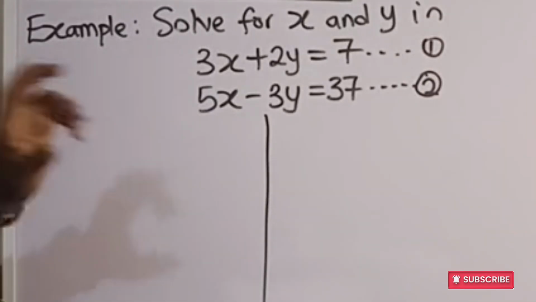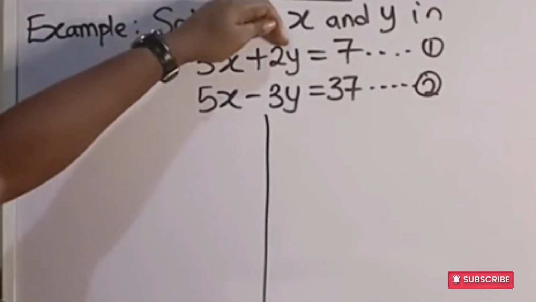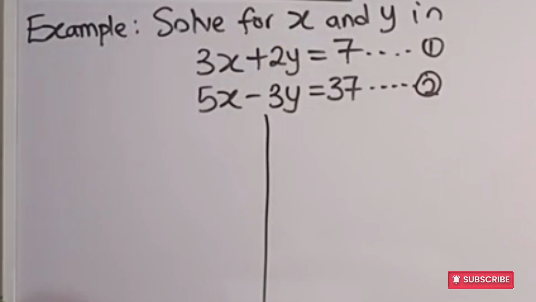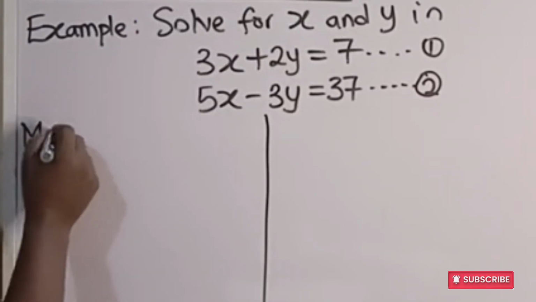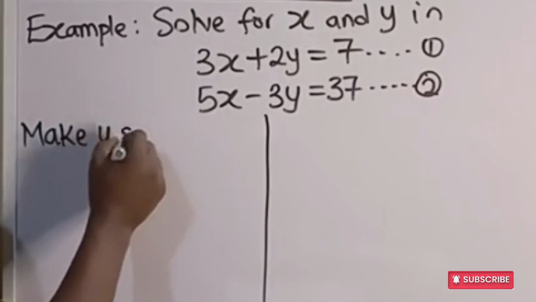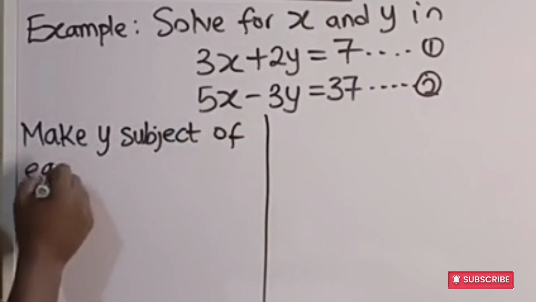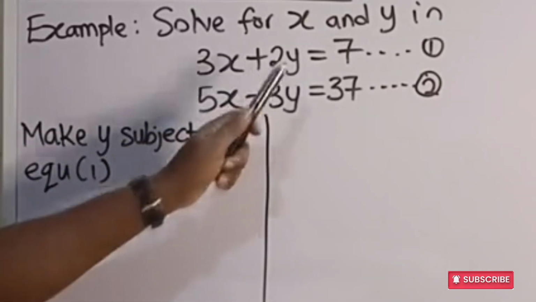So for this particular example, let's make y the subject of equation 1. Equation 1 is 3x plus 2y is equal to 7.